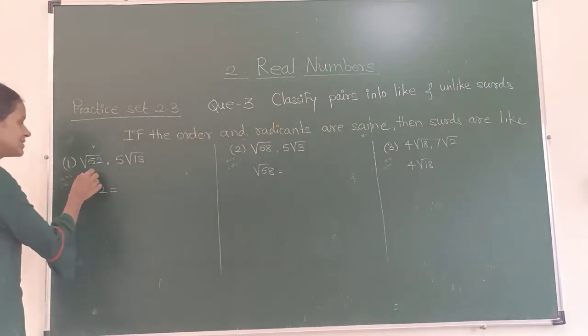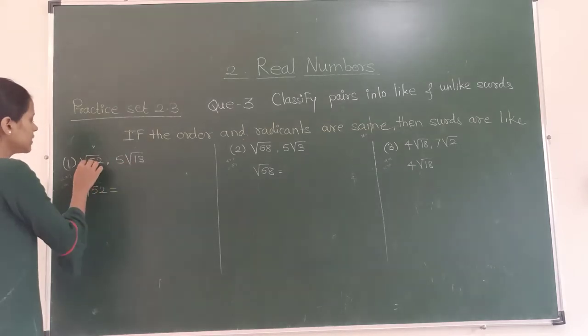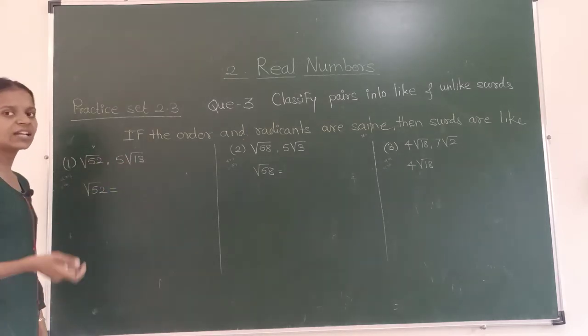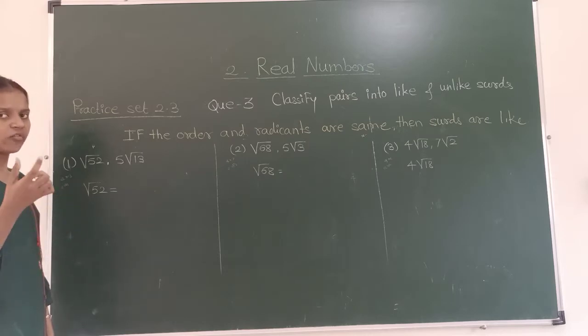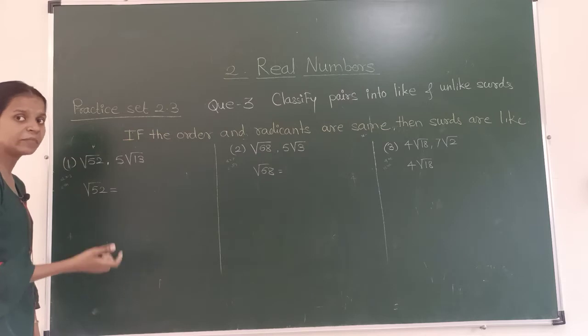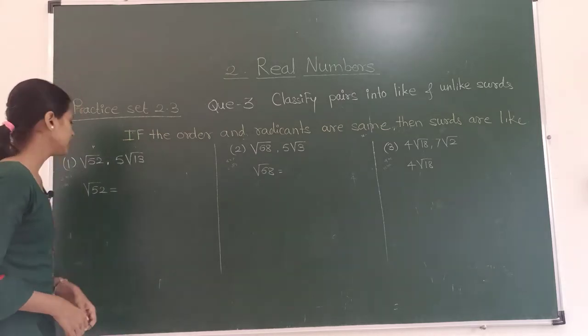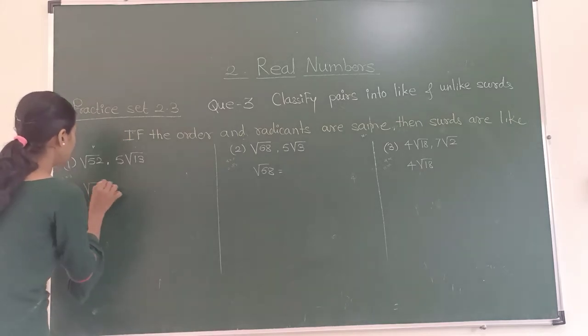Okay, here we can say the order of these two surds is the same, that is 2, because we are learning the surds of order 2. So here will be 2 and here will be 2. The order is the same. Now what we have to check is whether the radicands are the same. If they are the same, then it will be like surds.